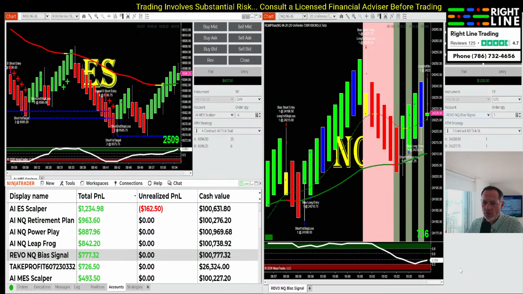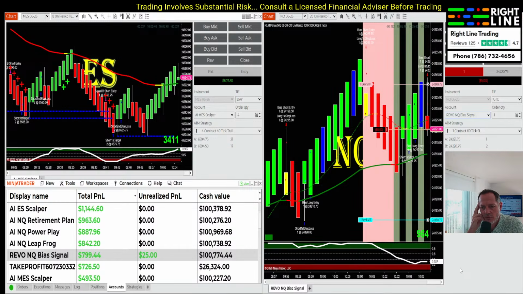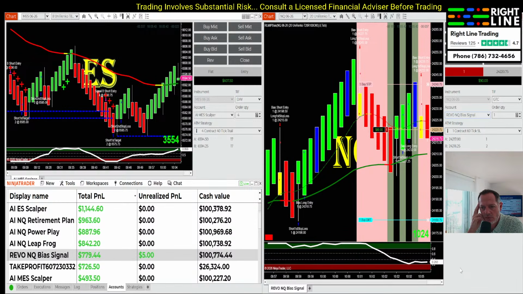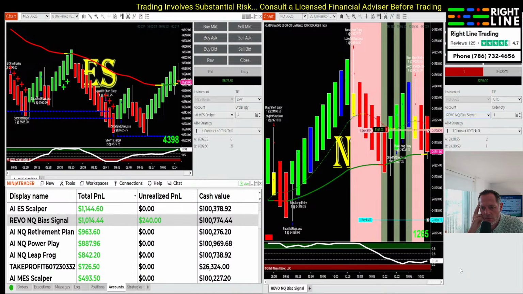I'm surprised how quick it turns color, though. I got it on 20 ticks, so I guess maybe that's why. That's interesting. Guess it's right, though. It was a good time to take a short trade, wasn't it? Heck yeah.